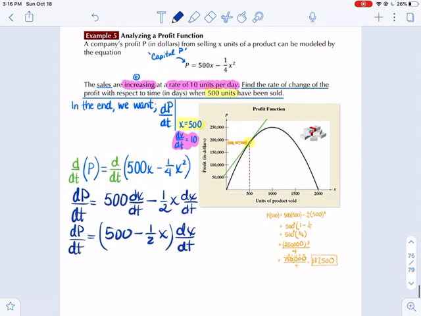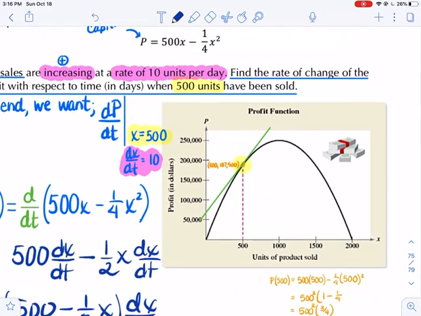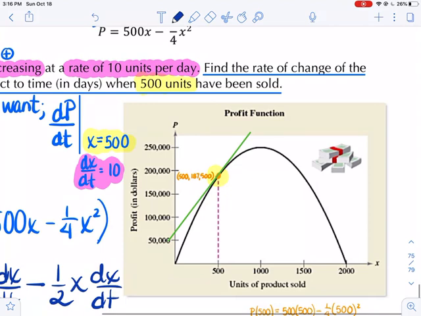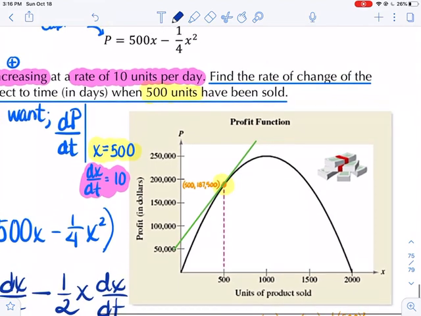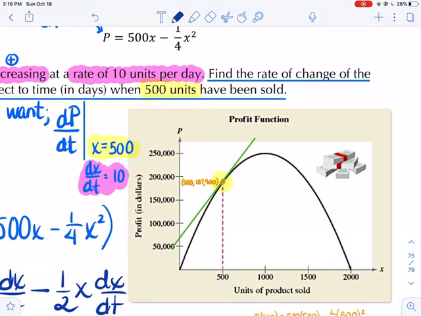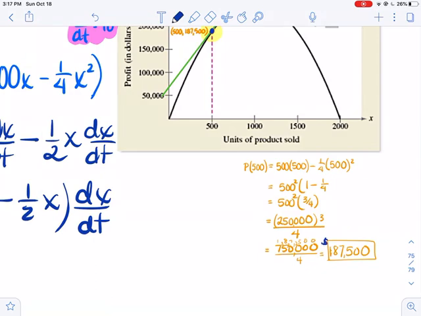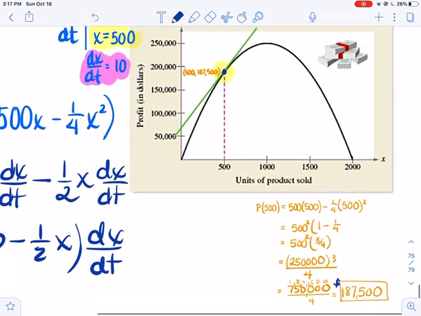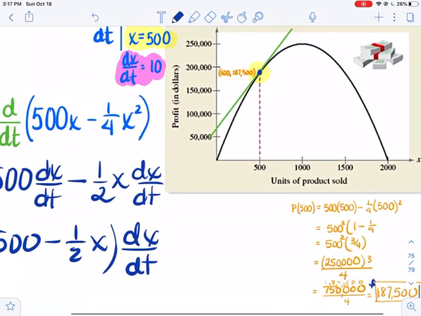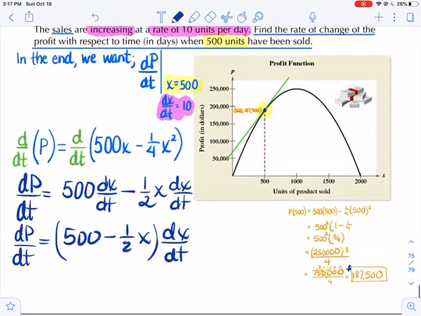So all we have to do here is just plug in our information. If you notice, an evaluation of this function itself, you could use a graphing calculator, but I thought I'd save you the time. So here you have your profit function. And when there are 500 units sold, the profit is $187,500.